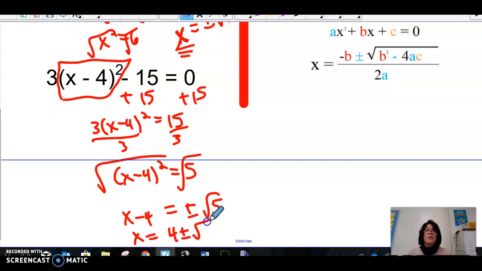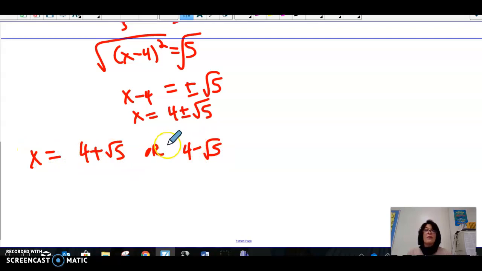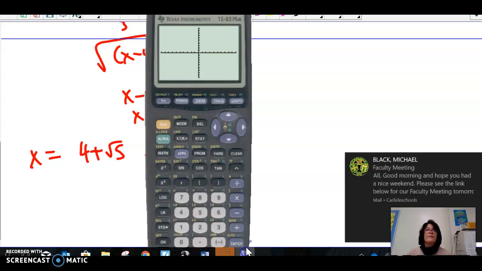And we write that as 4 plus or minus the square root of 5. Now these are two separate numbers. 4 plus square root of 5, 4 minus square root of 5. Those are the two numbers that I got for x. X either equals 4 plus square root of 5 or x equals 4 minus the square root of 5.